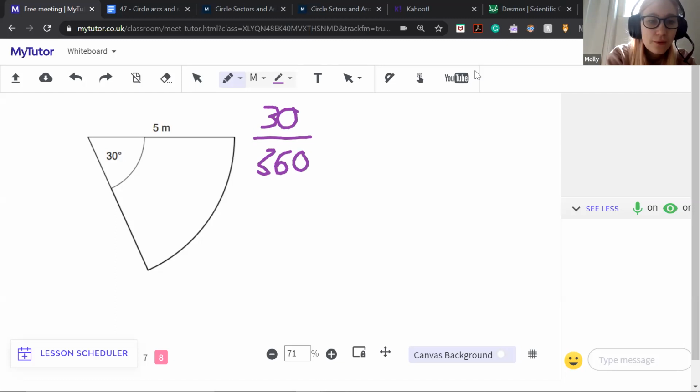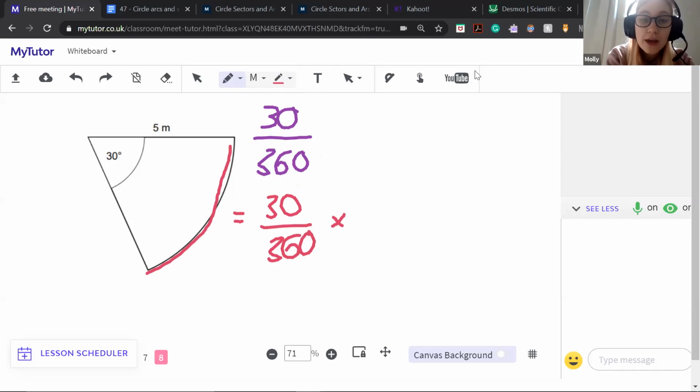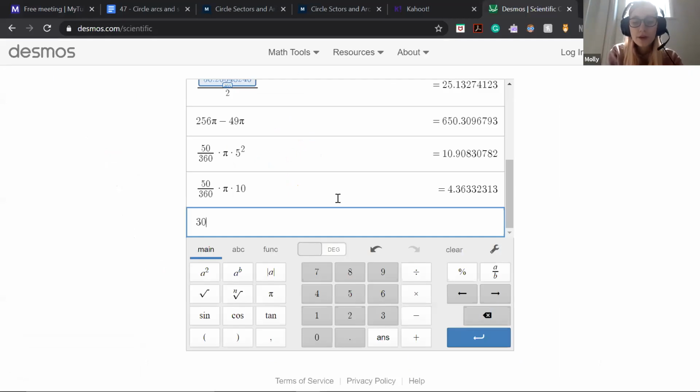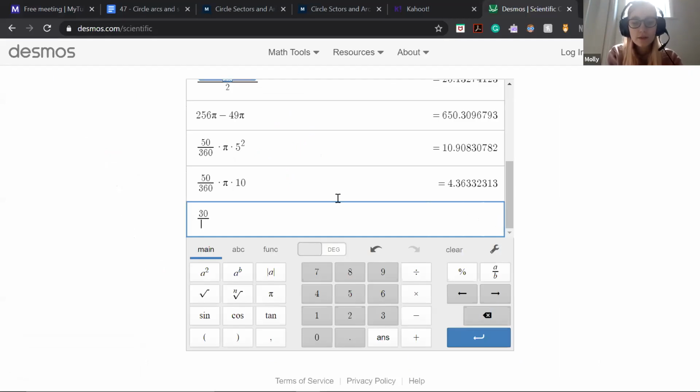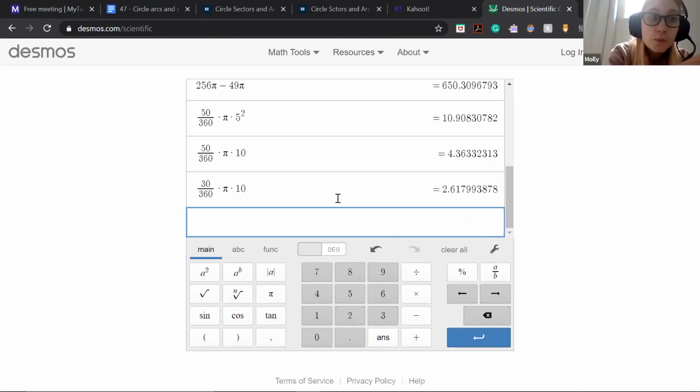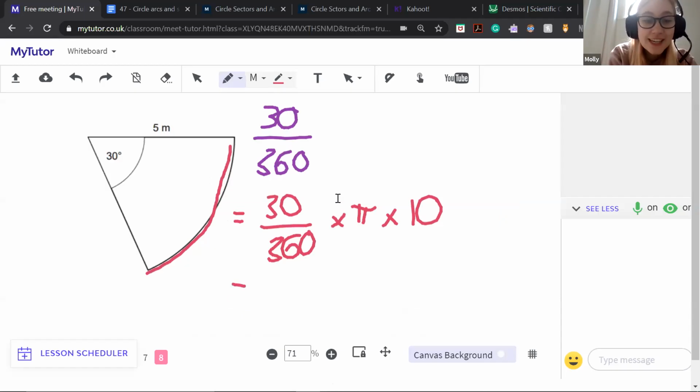So to find our arc length, oh, that was a bad curve. That's going to be 30 over 360 times the whole circumference, which we know is pi d. So pi times 10 again, because this also has a radius of 5 meters. So 30 over 360 times pi times 10. 2.62, which people were getting, which is fantastic.